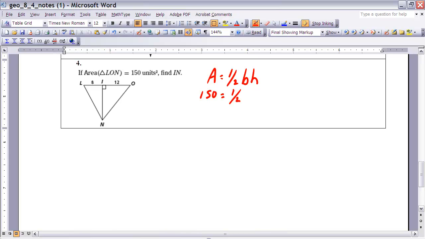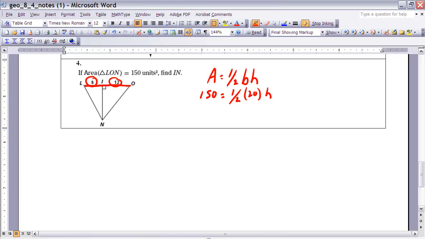1/2 stays the same. I know that the base of this triangle, if I have 8 units from L to I and 12 units from I to O, if I add those two together, that will give me the base of that triangle, which would have to be 20 units. Okay? The only thing I don't know is the length of my altitude, IN. Okay, and that's what I'm looking for.